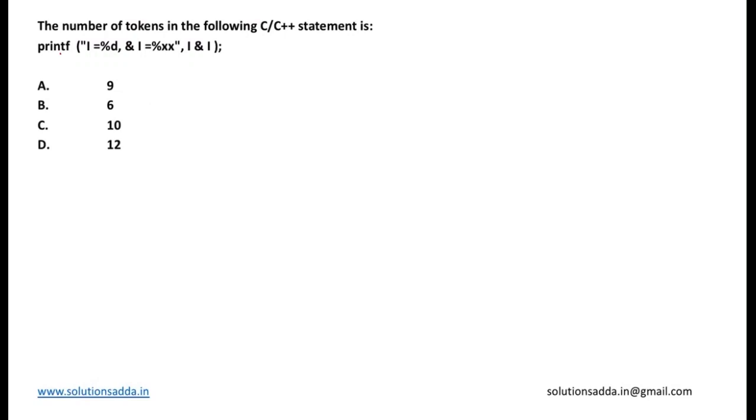This is a question from C programming. The number of tokens in the following C statement is. Options are 9, 6, 10 or 12. Basically we are given a C statement, and we need to count the number of tokens.